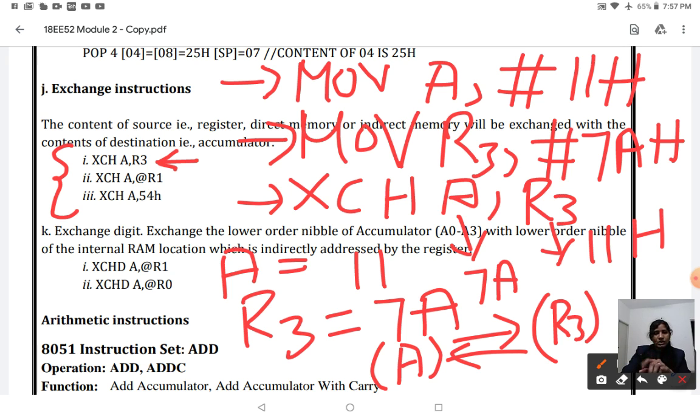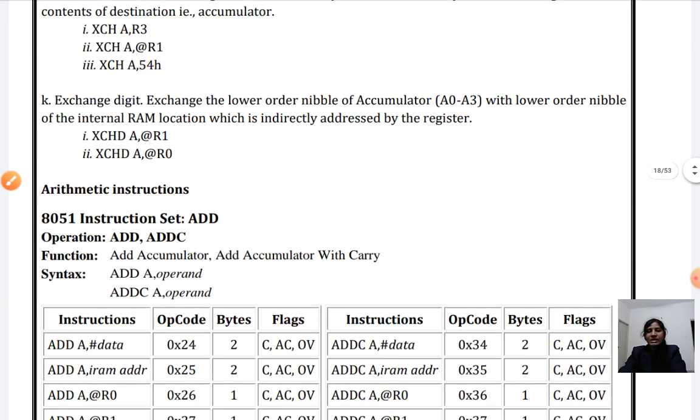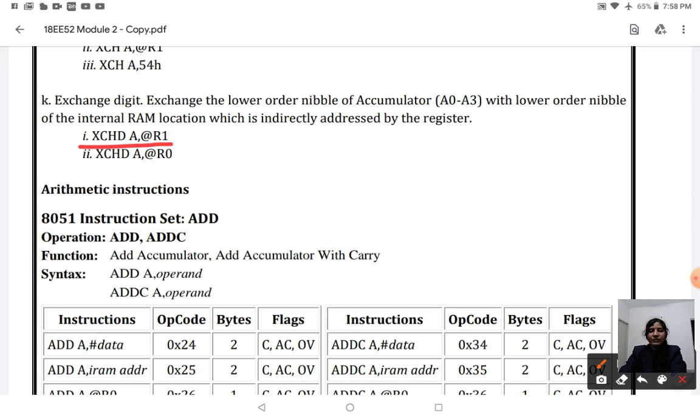Not only this instruction is available, you can also exchange the lower nibble with the higher nibble, or the lower nibble with the lower nibble of another memory location, that is exchanging the digit. For that you have the instruction XCHD. It means you are going to exchange the lower nibble of the content at R1.